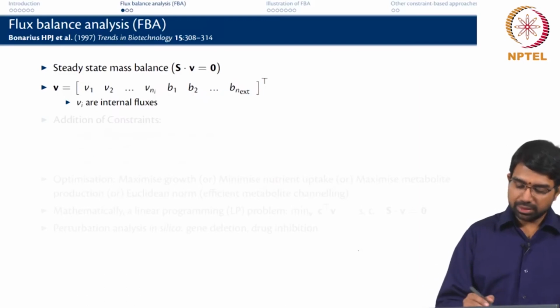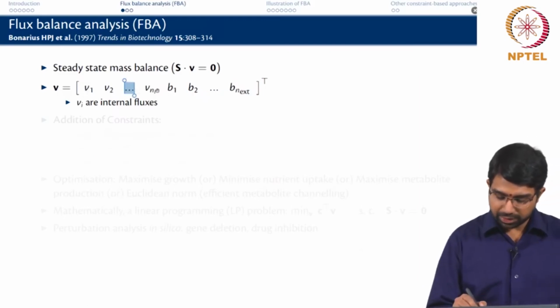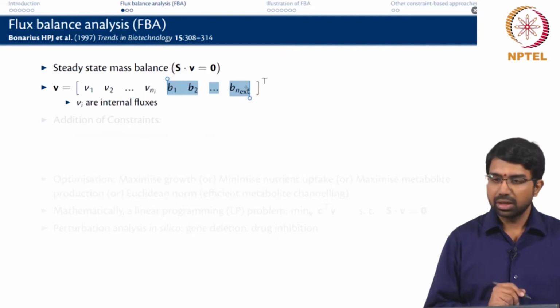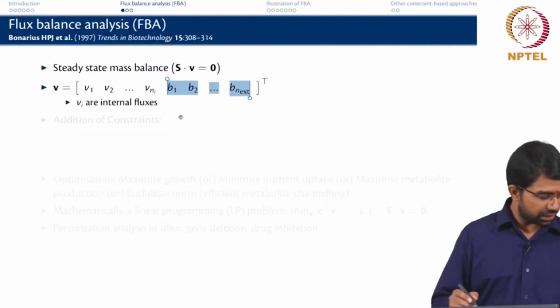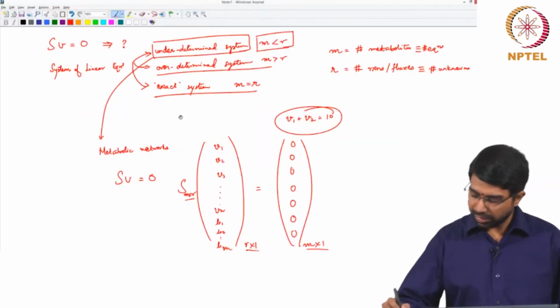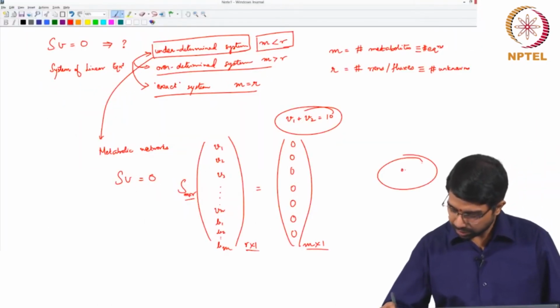So, we basically discriminate between the internal fluxes and the external fluxes. External fluxes involve exchange with the outer environment. So, you will typically have a cell like this, and all these are internal fluxes.